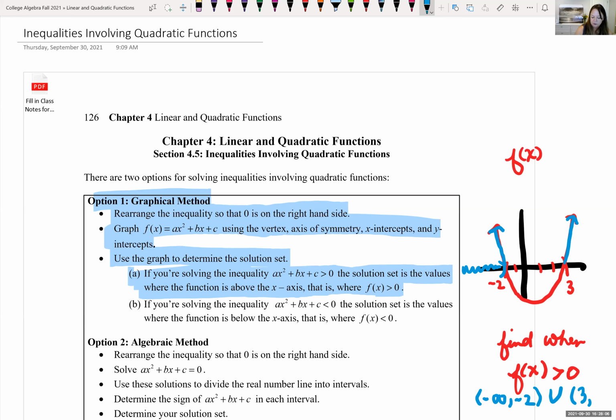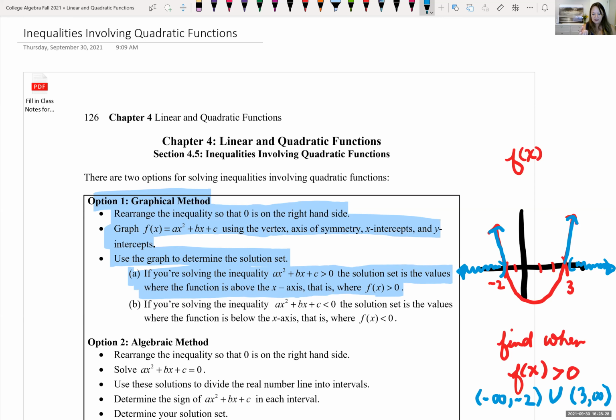So parenthesis 3 to positive infinity. Those are all the x values that would give us a solution to f of x greater than 0.